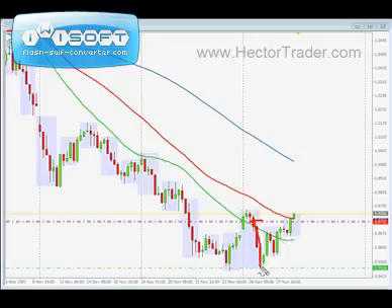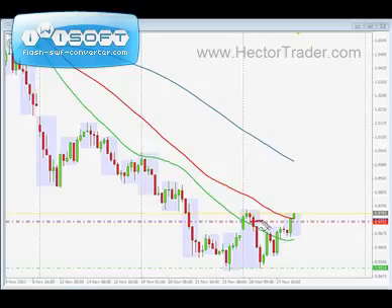I rode it all the way down where I took half of my lot size out and moved the stop to break even. And as you can see, upon taking half of the lot size out, the second portion of the trade remained open, hoping to squeeze some more profits to the downside, but instead my stop loss, which was trailed down to break even, has been stopped out.